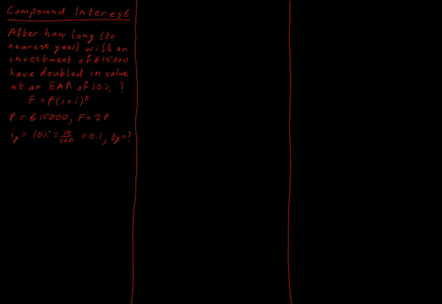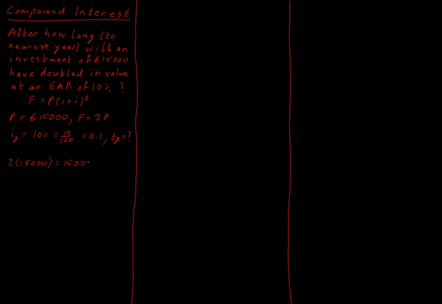Now that we've got all of our different bits and pieces, let's just sub in. So the final value that we're interested in is when we have doubled our money. So it's going to be 2 times 15,000. They could have also just given us a particular number, like 45,000 or something like that. But here they give us an extension of the question effectively by saying wherein we have doubled our value.